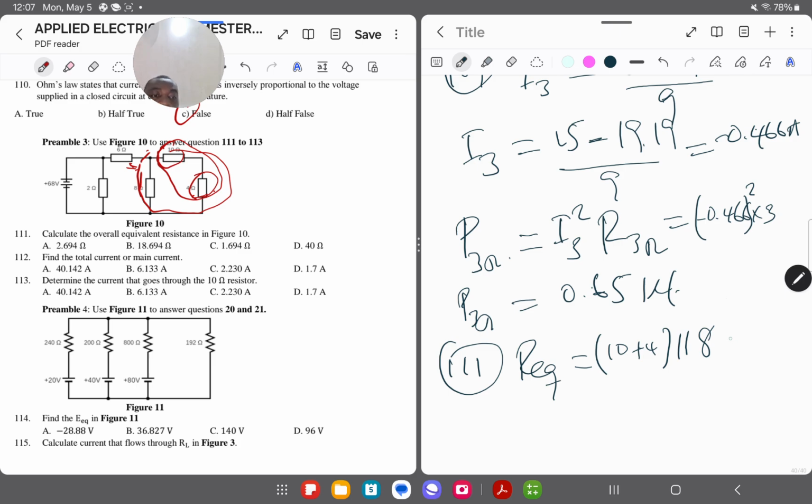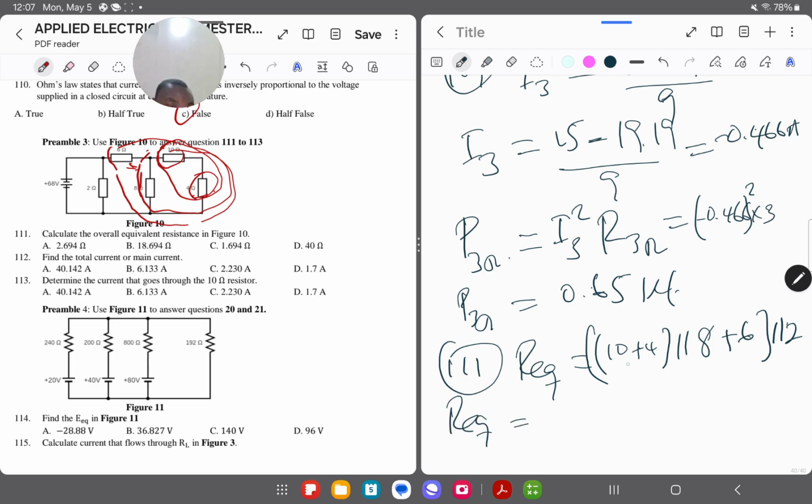Series with 6 ohms, so we have plus 6. And the last part is going to be in parallel with a 2 ohms resistor. So the whole of this is now going to be in parallel with 2 ohms here.